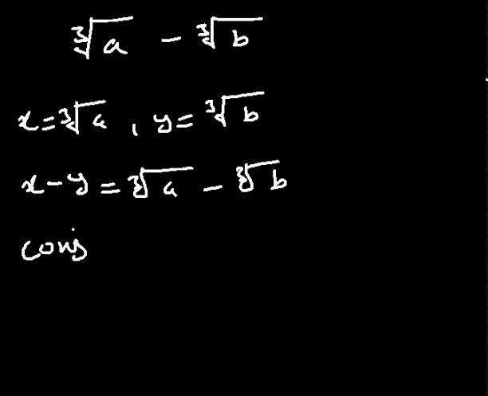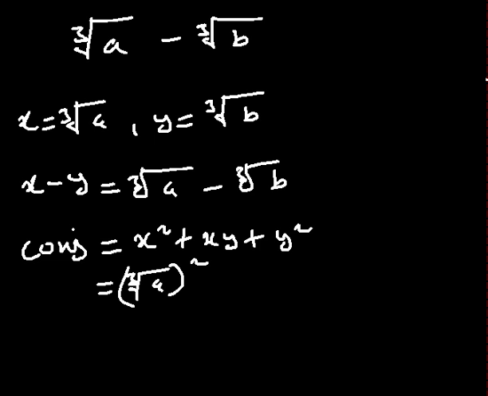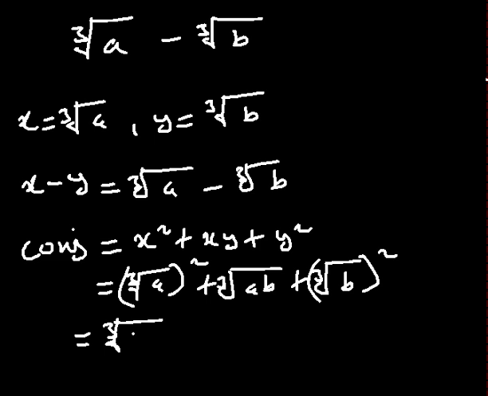And since we have a difference of two cube roots, the conjugate is given as x squared plus xy plus y squared, and of which that will be given as the cube root of a to the power 2 plus the cube root of ab and plus the cube root of b to the power 2, and of which this is the same as the cube root of a to the power 2 plus the cube root of ab and then plus the cube root of b squared, like that.